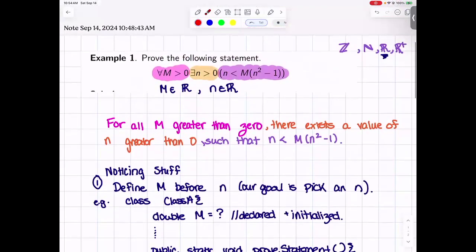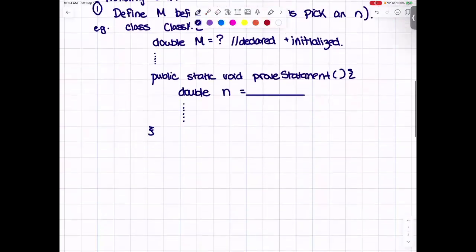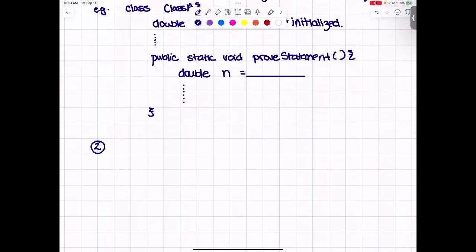And this is important because it means that we're allowed to use m when we're trying to define n. And we might find that that's going to be really important. So the first hint for me is that since this was set up like that, I probably will need to use m when choosing n. And this is further solidified by me noticing one more thing. The second thing that I notice is how closely tied m and n are.